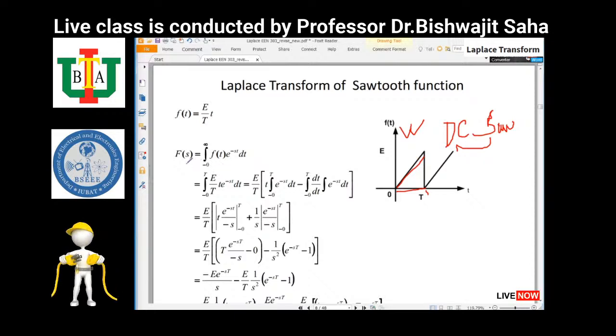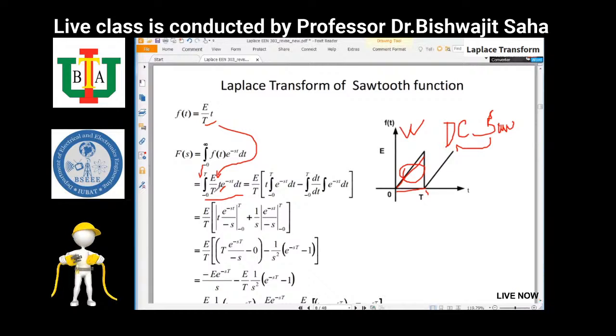As we know, the formula of the Laplace transform is 0 minus to infinity f of t e to the power minus st dt. So we are considering one cycle. One cycle period is T. So 0 to T, E by T, this function has been put here, t e to the power minus st dt.